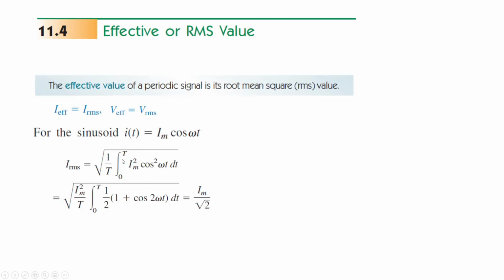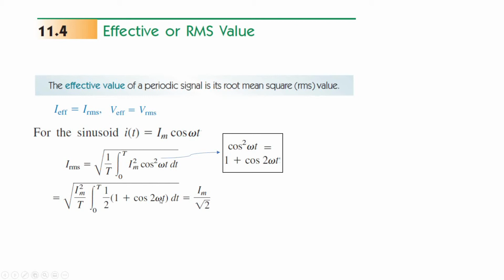Now we substitute the value of AC current in this expression. By doing so, we get this cos squared term. This cos squared omega t can be written as 1 plus cos 2 omega t, divided by 2, using trigonometric identities, and by doing so we get this expression.